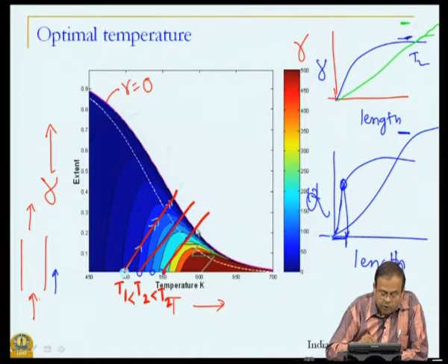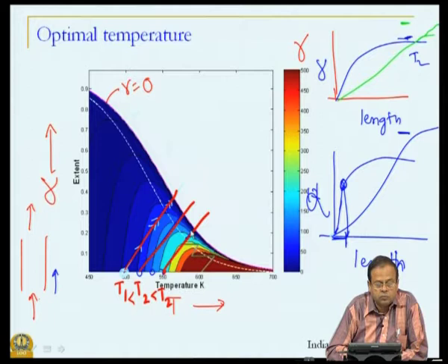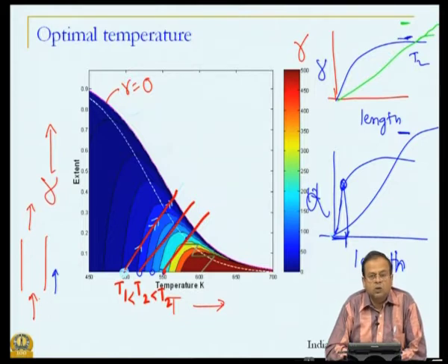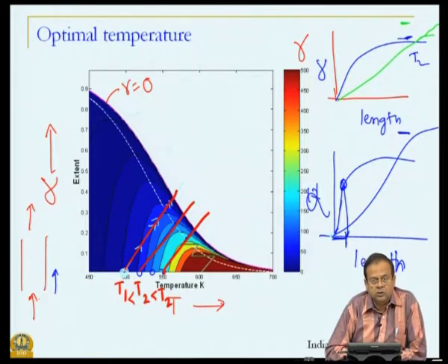But the equilibrium conversion is low if we start with temperature T3. So, that gives us a clue as to how we should run these reactors.